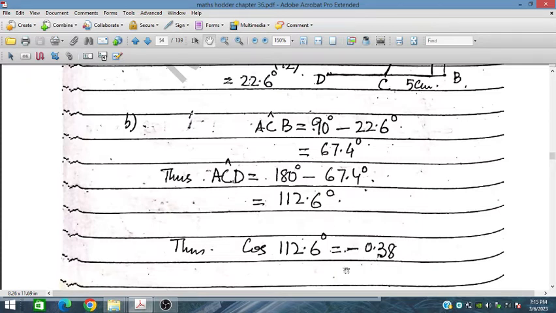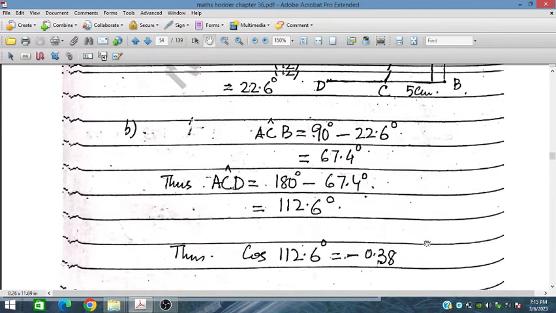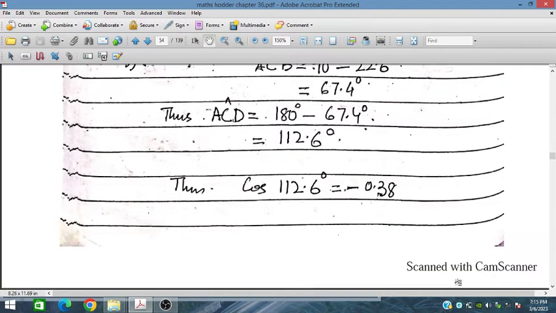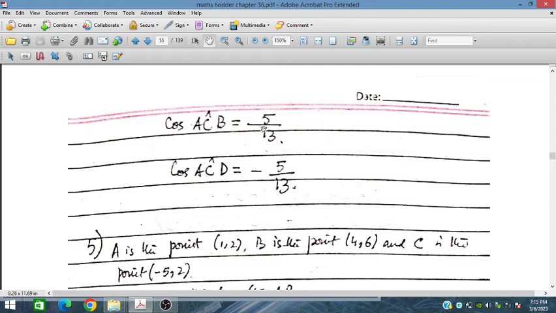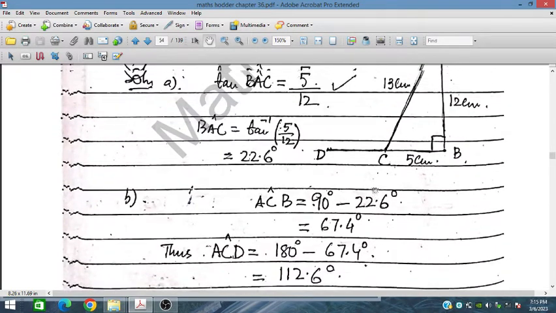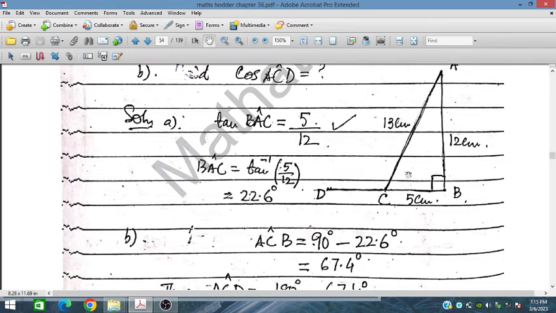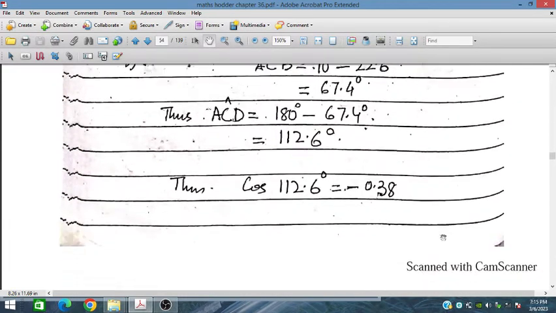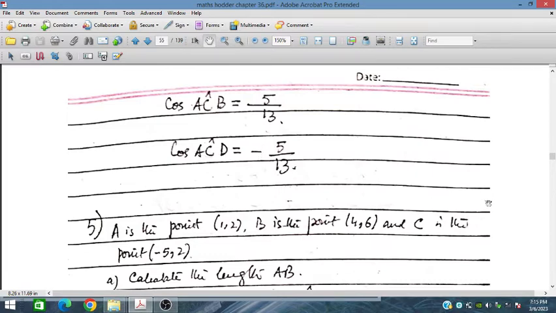It gives this value 0.38 with a negative sign, because in the second quadrant the cos is always negative. So cos ACB is 5 upon 13 and cos ACD is minus 5 upon 13. On the other side this is 5 upon 13 but with a negative sign, because it is 180 minus this angle.